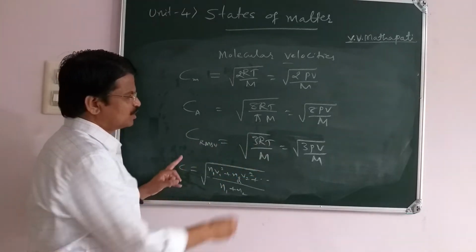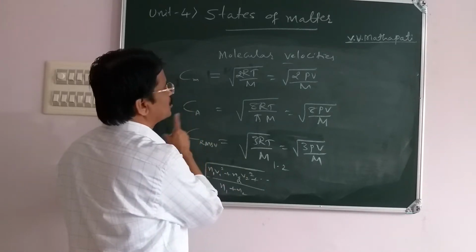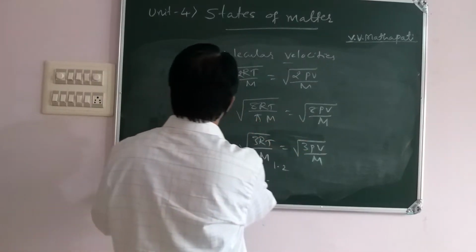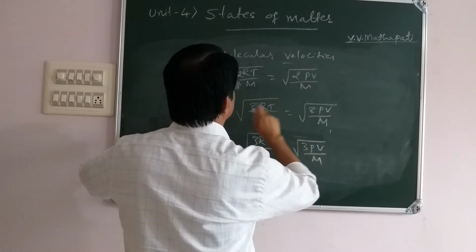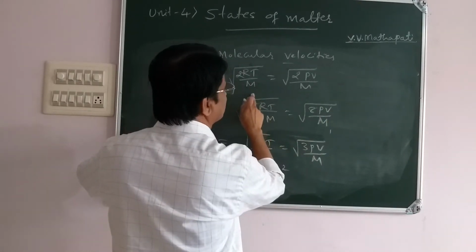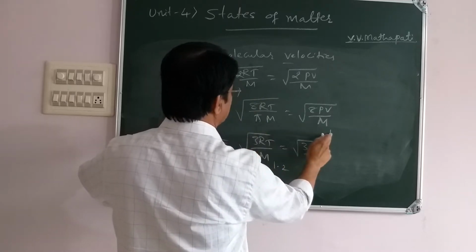Its value is found to be 1.2, the most probable velocity is square root of 2RT by M with value 1, and the average velocity is square root of 8RT by M with value 1.1.